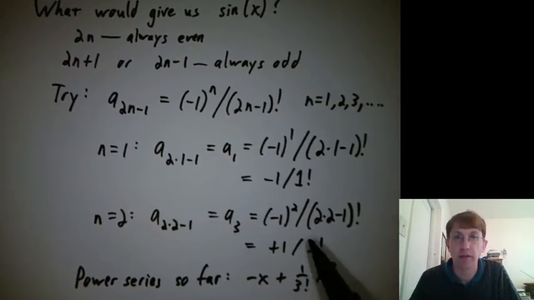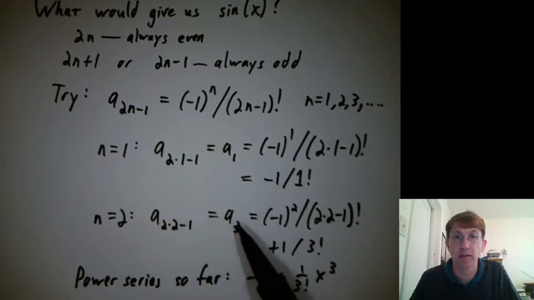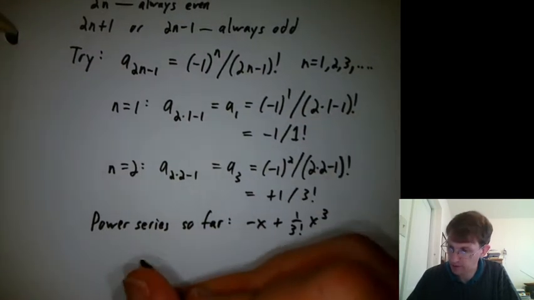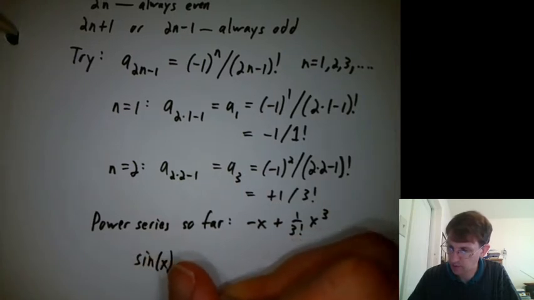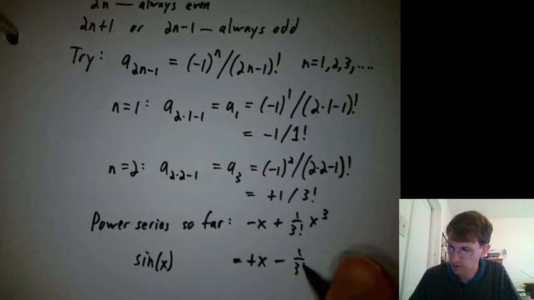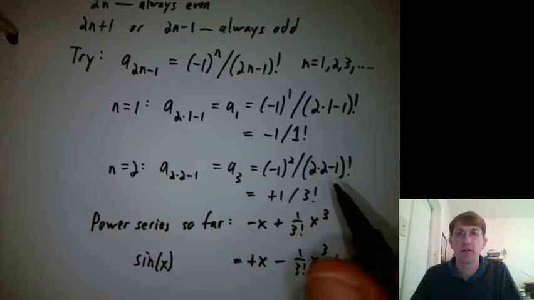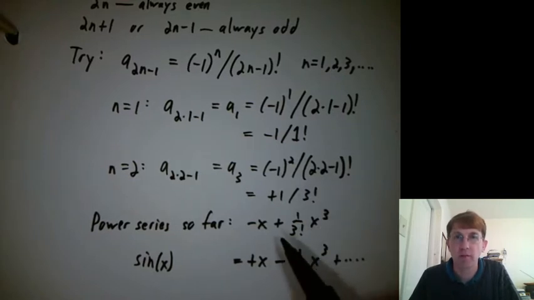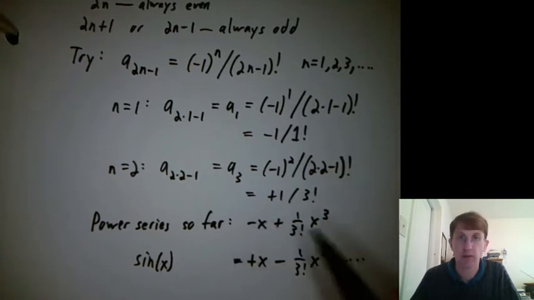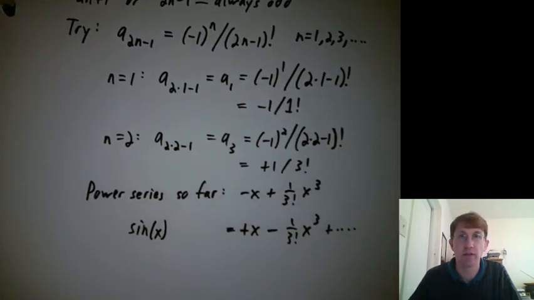I know this is the term on x cubed because it has an a sub 3 here, but we know that sine of x started out with positive x minus 1 over 3 factorial x cubed plus dot dot dot. So we've got the right general idea, but we've got a sign mismatch, plus or minus. So let's try fixing it. What do we need to do to fix it?